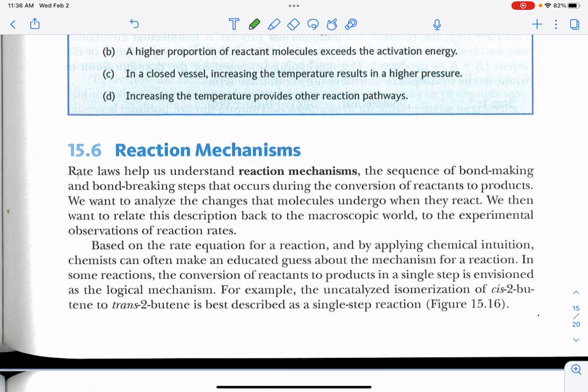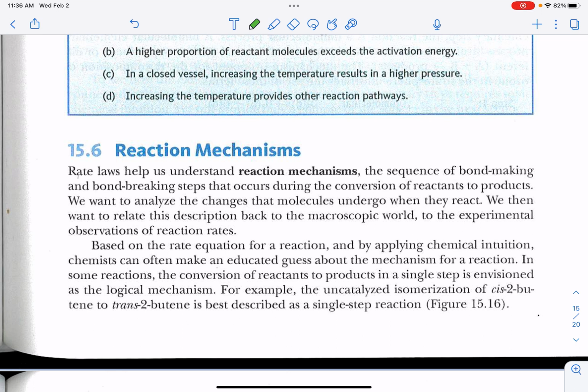And of course, understanding the mechanism, the actual process or means by which the particles that make up my reactants become the particles which make up my products, is difficult to discern because obviously you can't look at it directly, at least not yet.